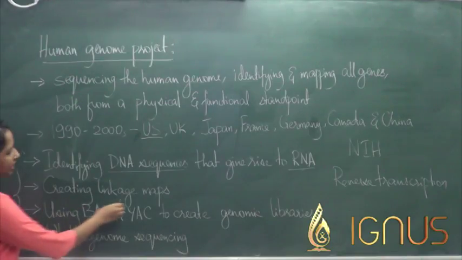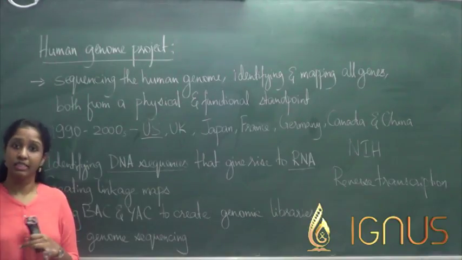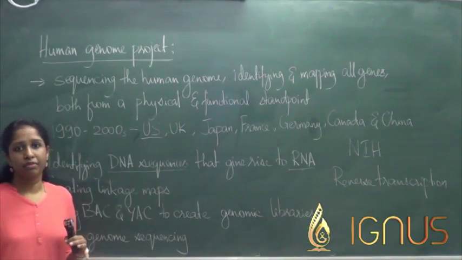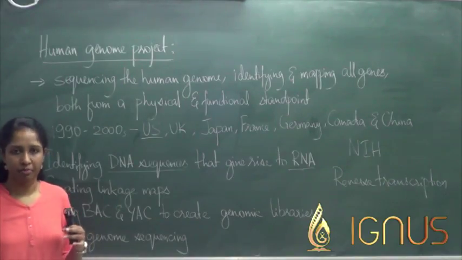The second thing was to create linkage maps. Again, linkage maps is something that I've already talked about in genetics. So we are going to figure out recombination frequencies whenever it's going to happen in meiosis.